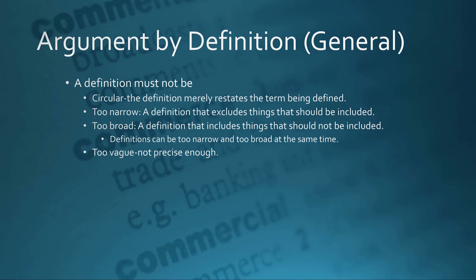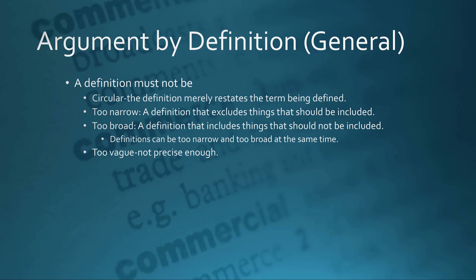Now, some of the classic defects in definitions going way back, and this is something you'll see in pretty much every critical thinking or basic logic book, is a definition being too narrow. And there's also the problem of being too broad. So a definition that's too narrow excludes things that should be included.